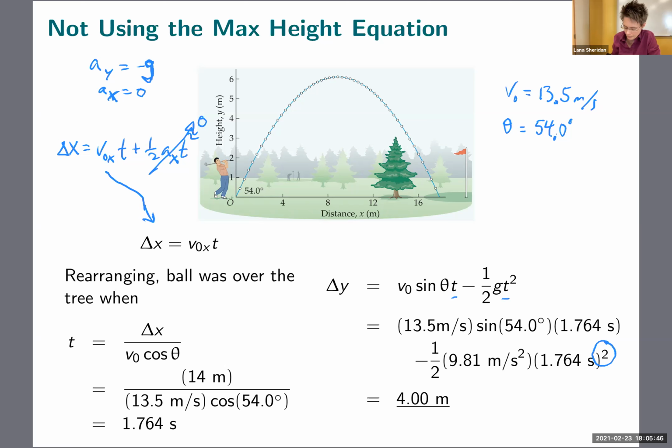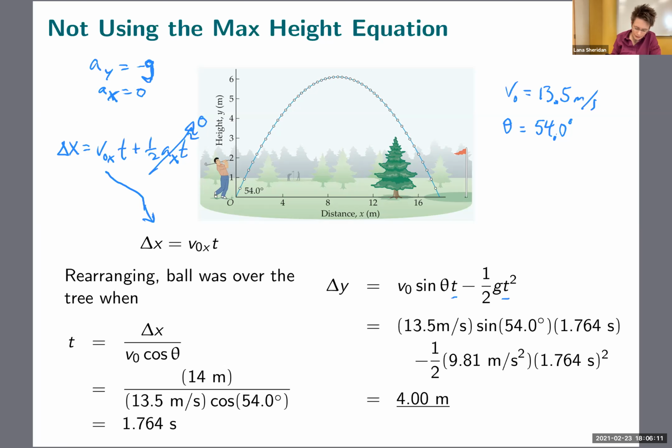This is one of the most common mistakes that I see, is that people are in a hurry on their calculator and they forget to punch that square. Don't forget to do that. So if you use 9.8 instead of 9.81, then you get 4.02. That would be the difference there. So if you got 4.02, that's okay as well.